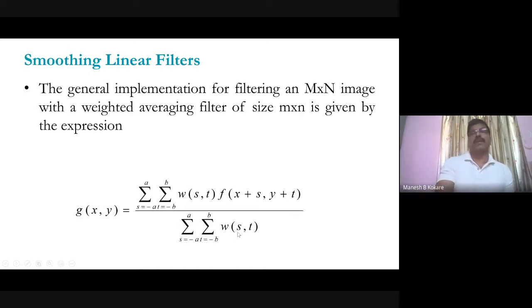If it is 3 by 3 with a simple average, this value will be 9. If it is 5 by 5, it will be 25. If it is 7 by 7, it will be 49, and so on. So this is the mathematical formulation of the simple average filter.